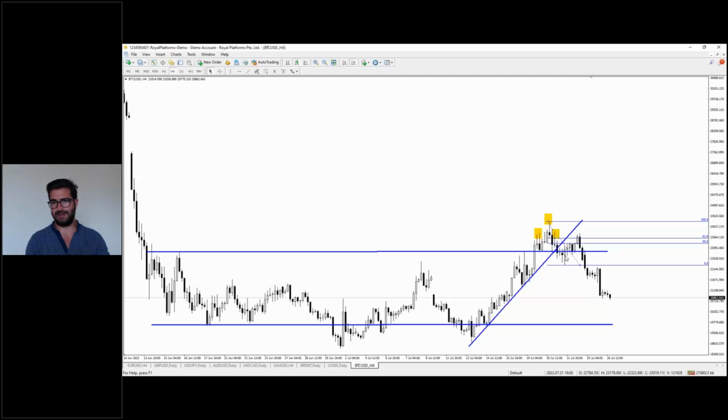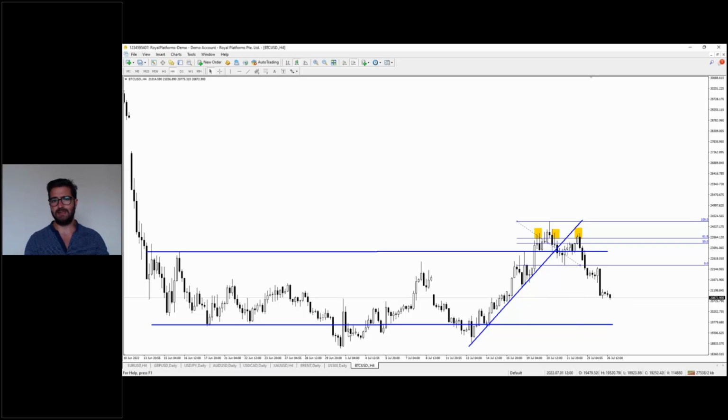We have a breakout to the downside, inverse head and shoulders, which indicates a reversal, a little retracement to the upside to the 61.8. You can see it, this is the 61.8 here, and then a huge move to the downside with lower highs and lower lows. So what's next?